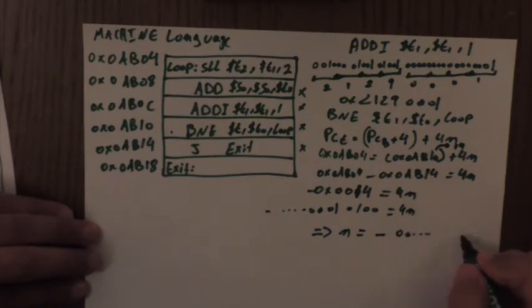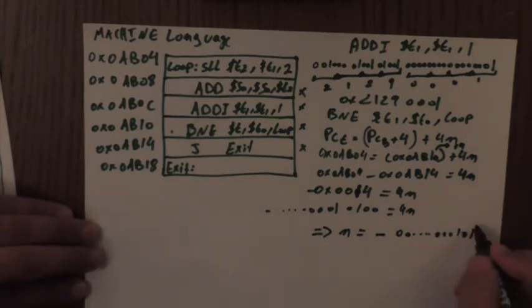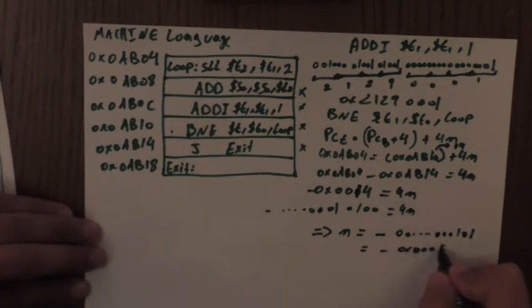And it's going to be 1 0 1 and all zeros. So the actual number is minus 0x005.